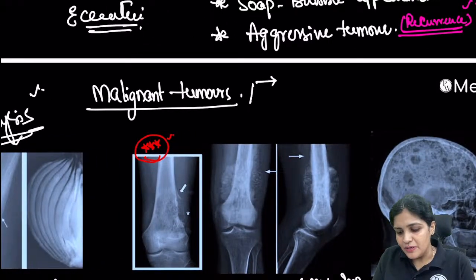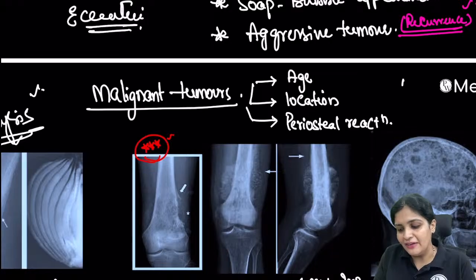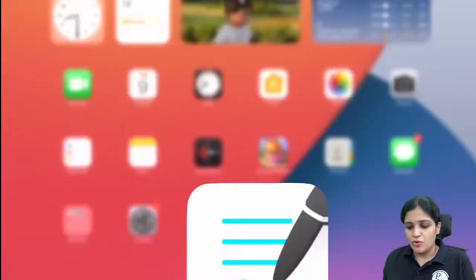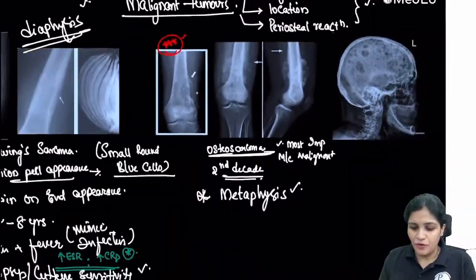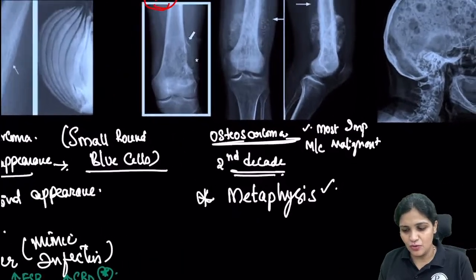So whenever you're dealing with malignant tumors, what is the first criterion? You have to look for the age, then the location, then the periosteal reaction. These are the things which will help you arrive at your diagnosis. For Ewing's, the age is the first decade; for osteosarcoma it is the second decade, and usually it arises in the metaphysis.